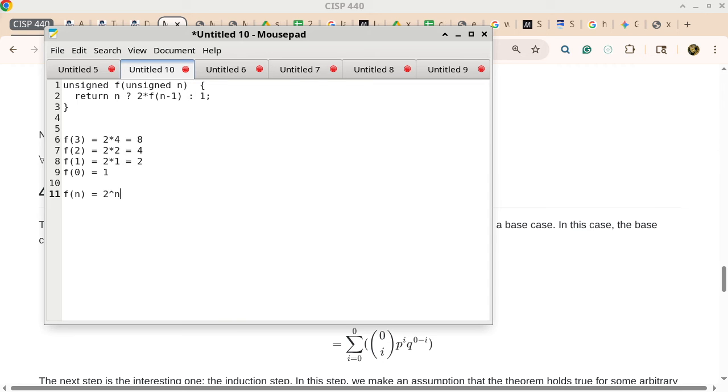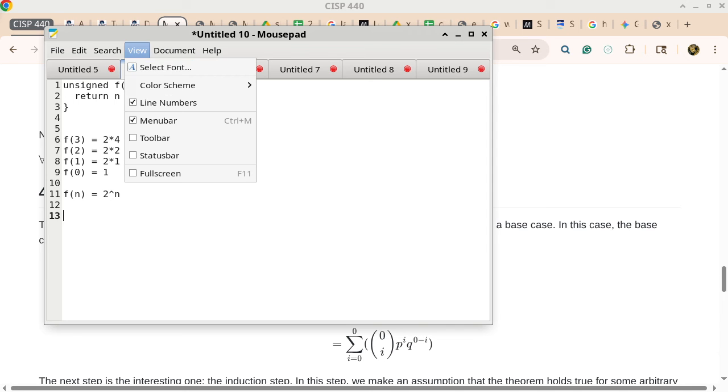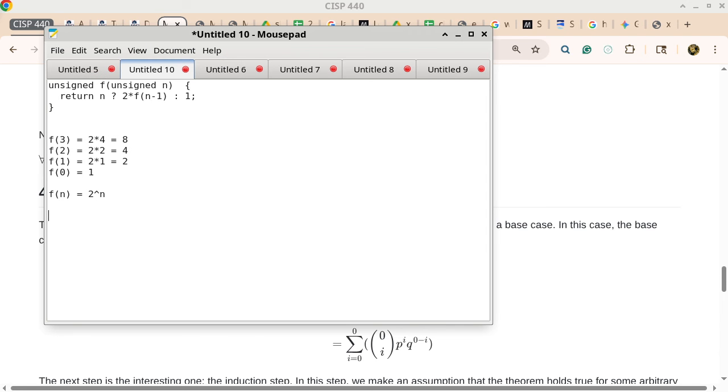Does that make sense? Okay, so now we're going to have to formulate the theorem a little bit better. Let me turn off the line numbers because I think it is a little bit more distracting than it is helpful. So the theorem in this case is to say, for n in the set of natural numbers, f of n is 2 to the power of n.